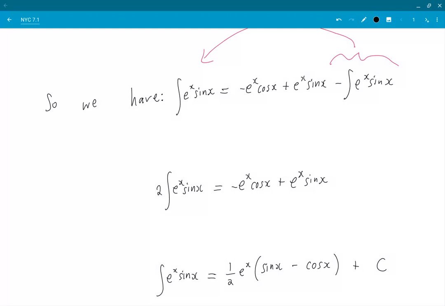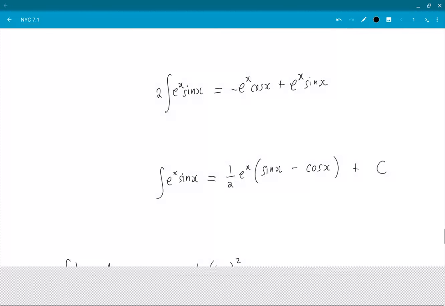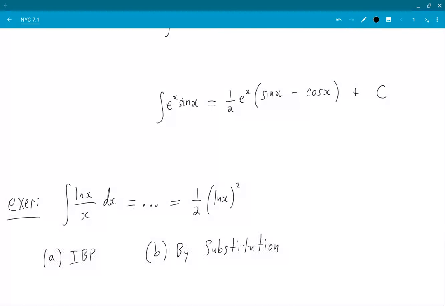So this is what's called a boomerang. Your original integral came back, and sometimes that's a very nice thing because it allows you to solve as I did here. To close out this video, here's an exercise. I want you to do this integral twice.